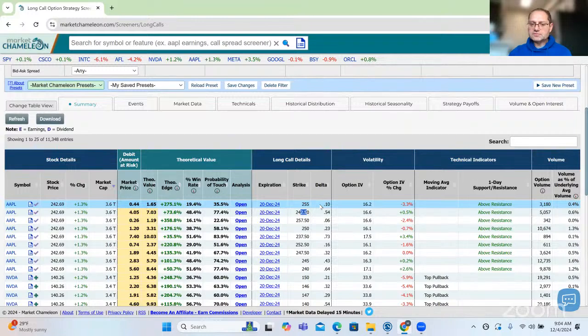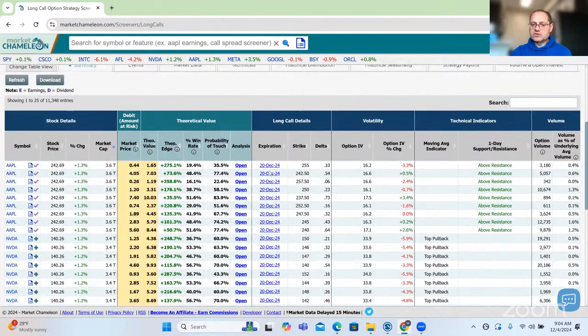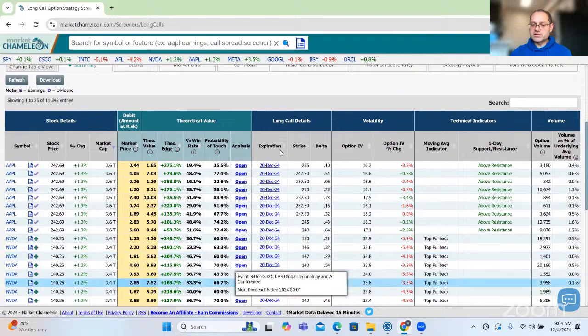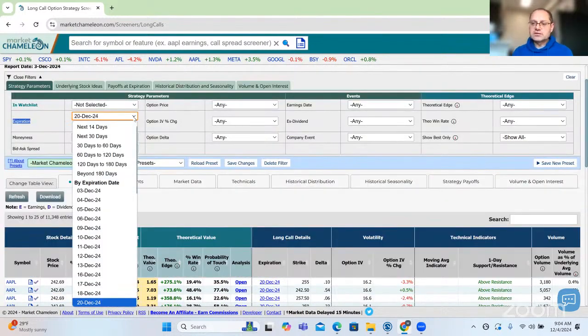By default, we have the expiration over here on the filter set to the next monthly. So here we have December 20th expiration. This is why on this column you see December 20th. You can change that. You could click on that filter.